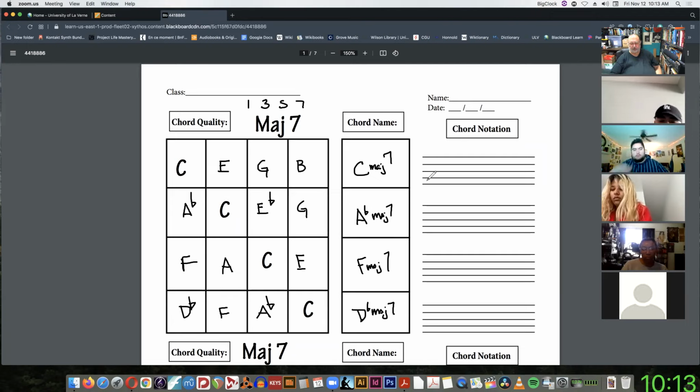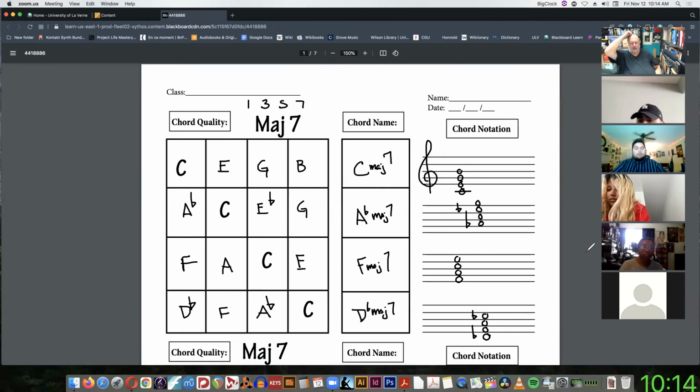And here we have our treble clef over here. Everybody understanding what I just did there?